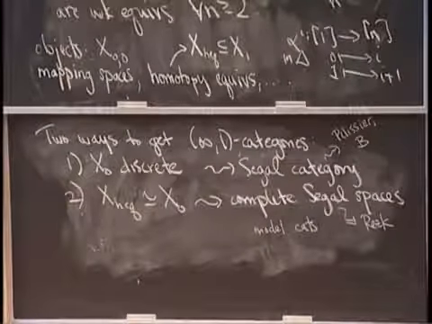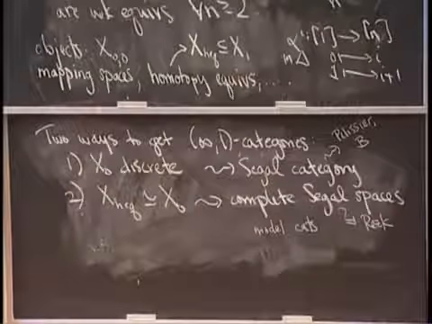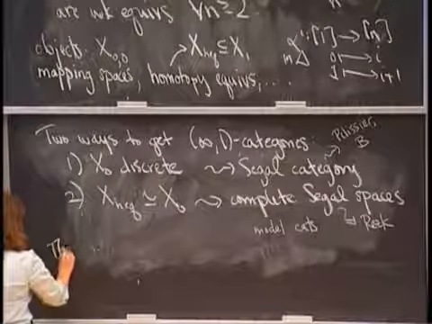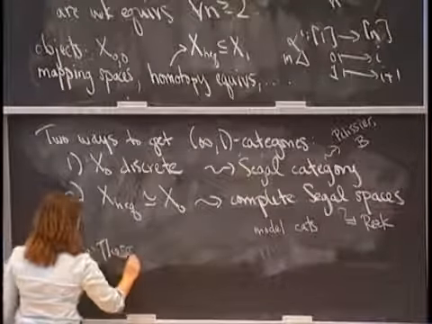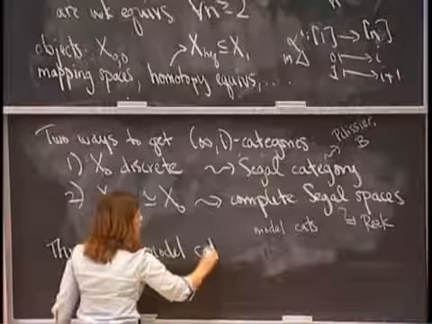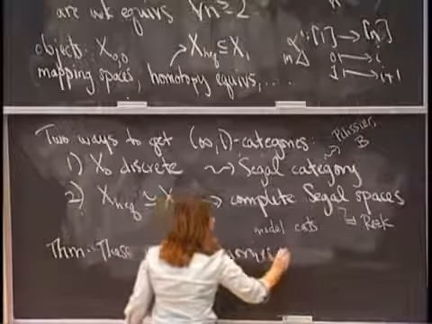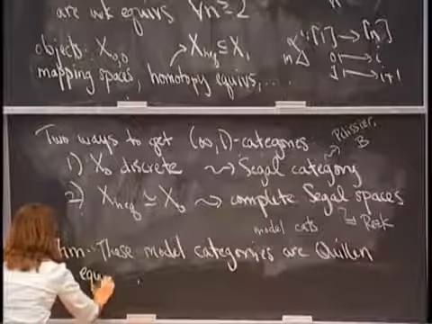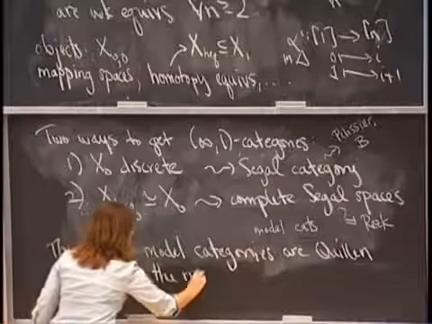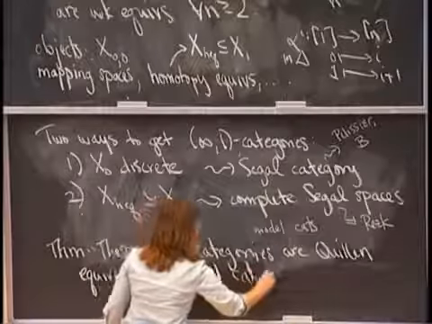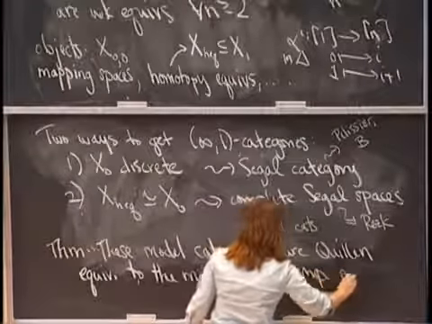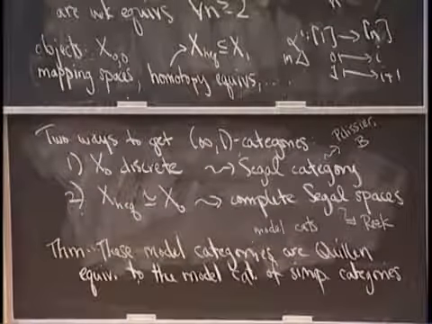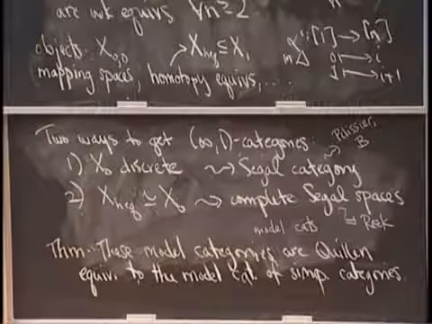And then we claim that these are infinity-1 categories, and in fact they do model them. So these model categories are equivalent to the model category for simplicial categories.